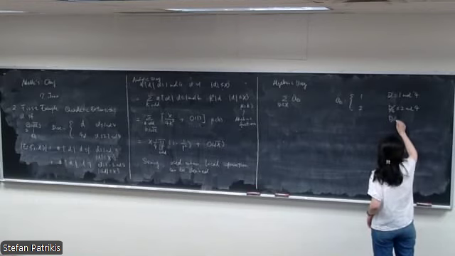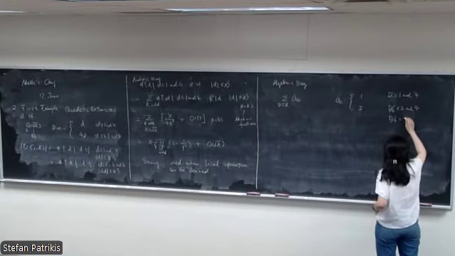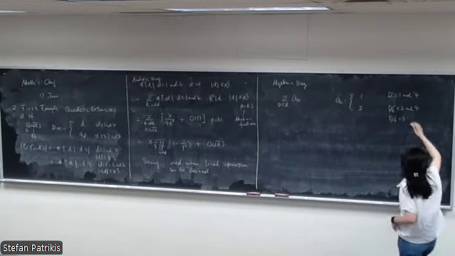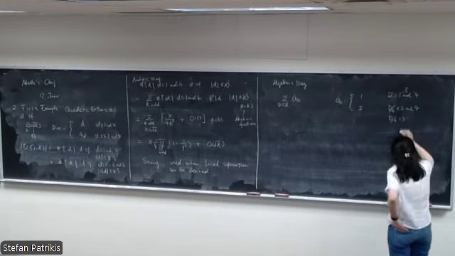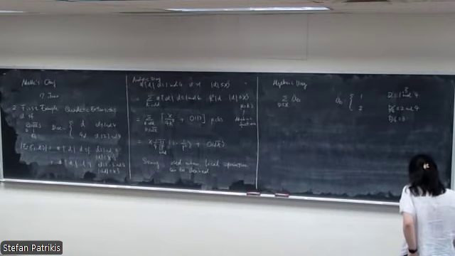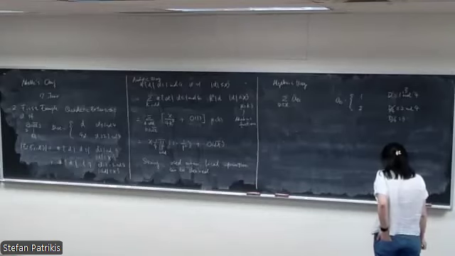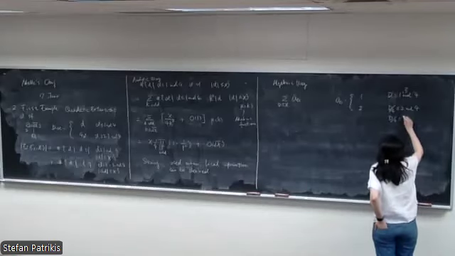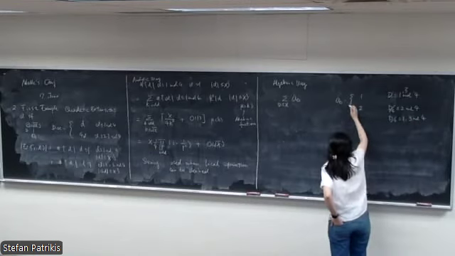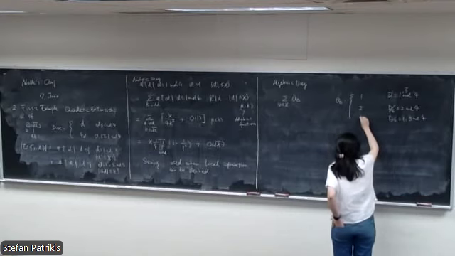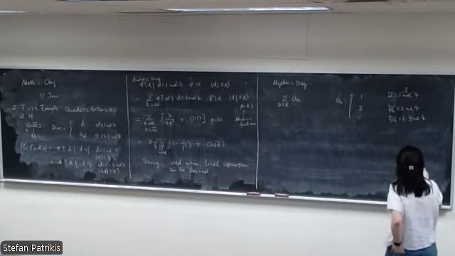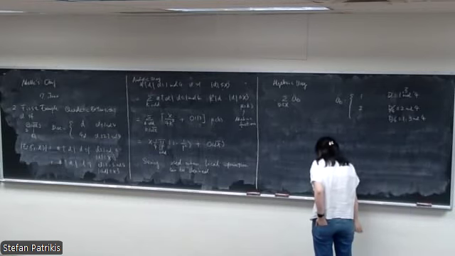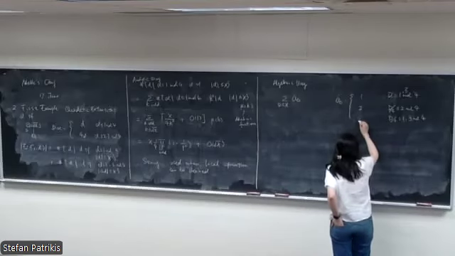And if D over 4 is 3 mod 4, it is 1. Wait, sorry, let's see. Yes, it is a 4.